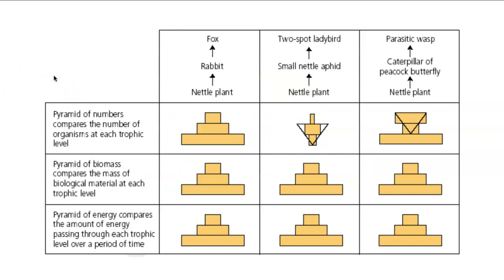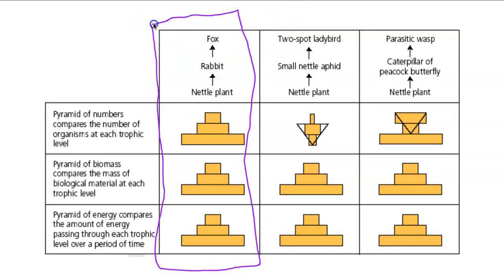This last slide shows the differences in the different types of pyramids: pyramid of numbers, pyramid of biomass, and pyramid of energy. I'm going to focus on this first one because I feel like it's a little bit more simplistic and easier to follow. This first column. So you have the food chain, a nettle plant, a rabbit, and a fox. Okay. The pyramid of numbers compares the number of organisms at each trophic level.